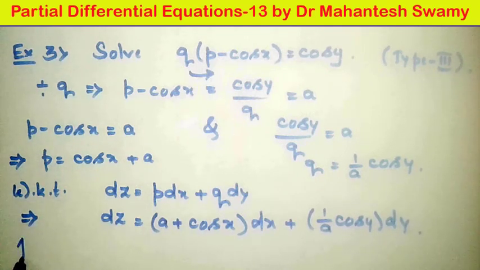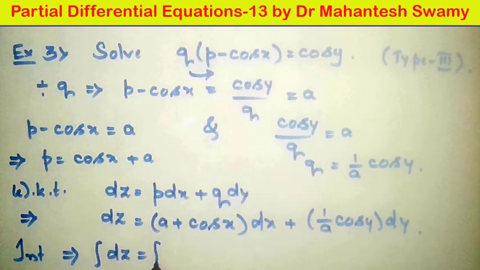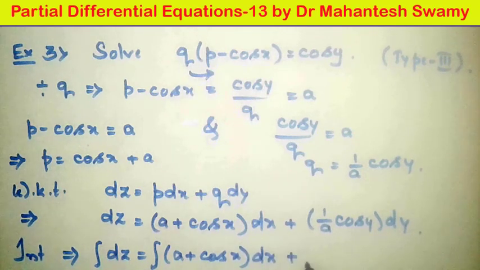Let us integrate on both sides. When we integrate, then on LHS it is integration of 1 with respect to z, and on RHS it is integration of this bracket, that is a plus cos x with respect to x plus integration of 1 by a cos y with respect to y.